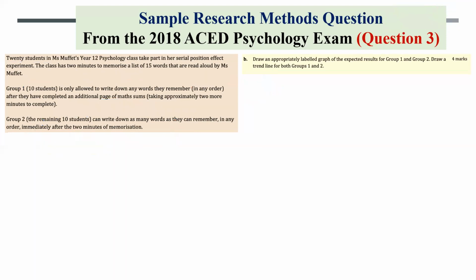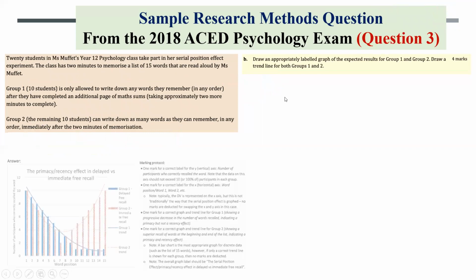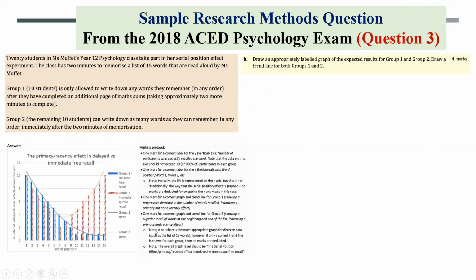Anyway, I'll show you a suggested answer. I'll show you all the answers, actually, the one from the exam and an ugly one that I also drew up. This is the one from the actual solutions of the exam. This answer is showing you the two possible ways you could have attempted this. You could have just attempted this question by drawing the serial position curves, which you can see here.